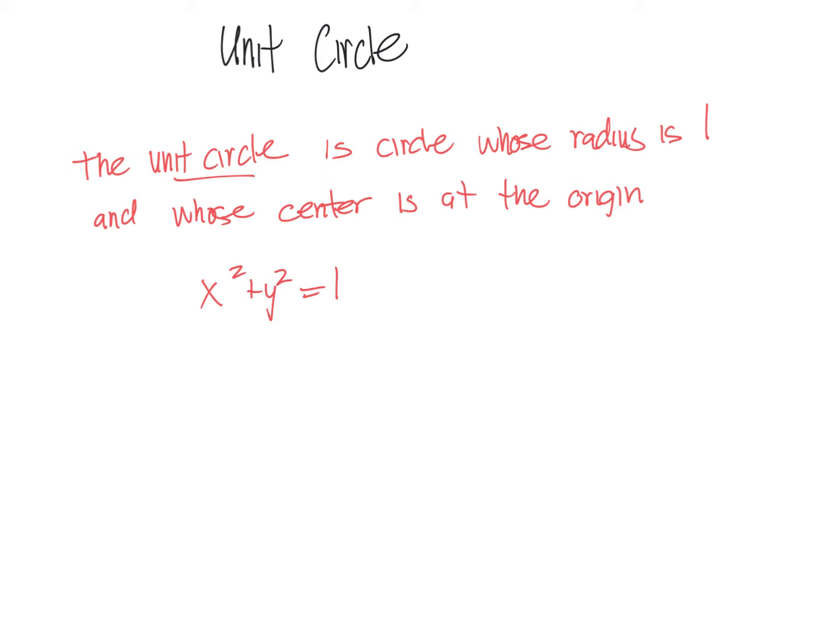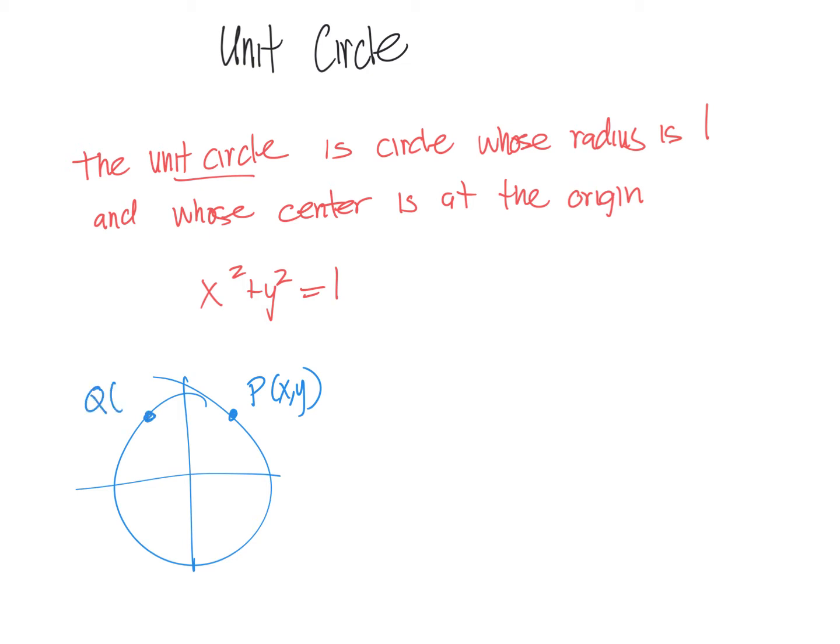And so we can draw a unit circle. And when we have a unit circle, then if we have a point, let's say over here, P of x, y, and on the other side of the circle, we call this Q of negative x comma y.